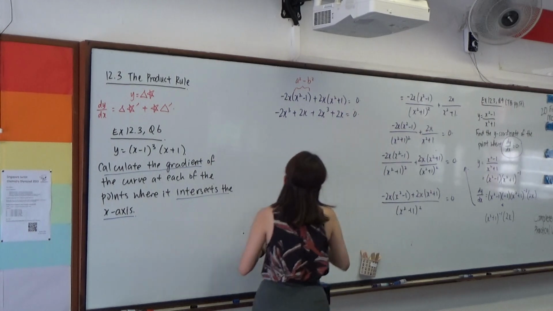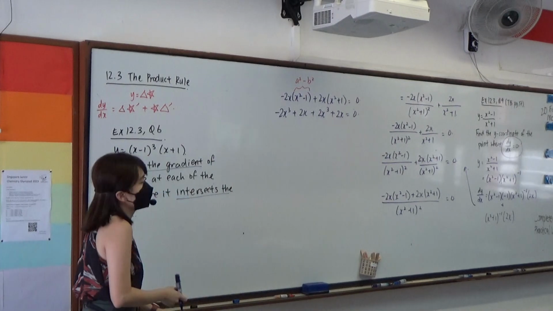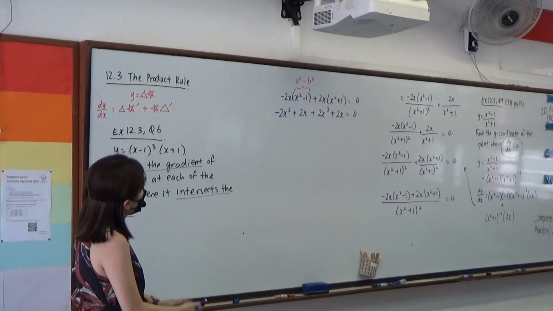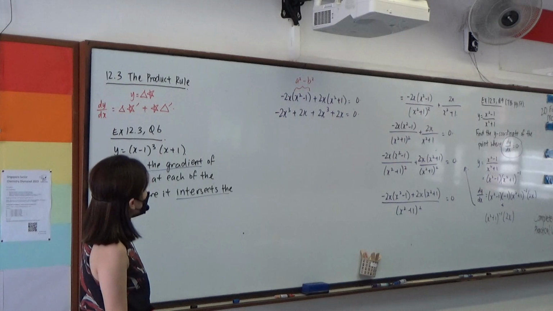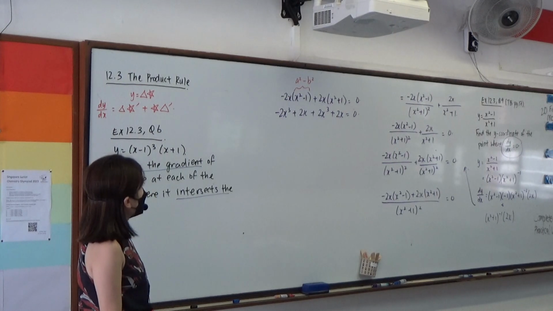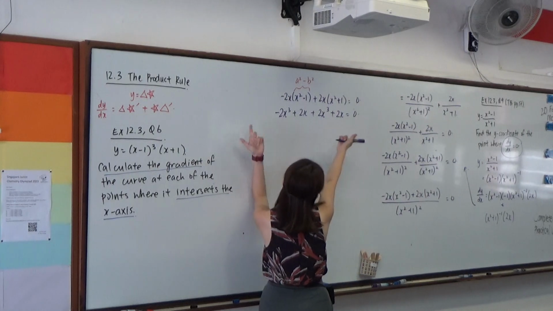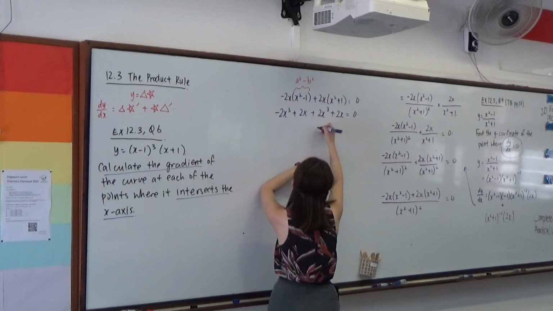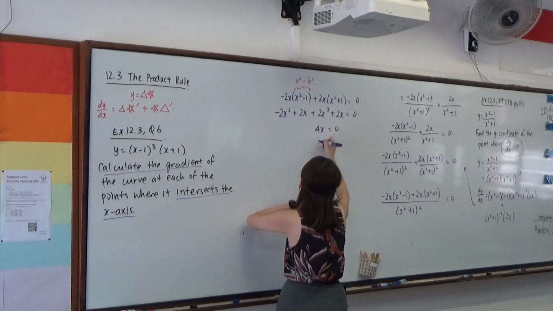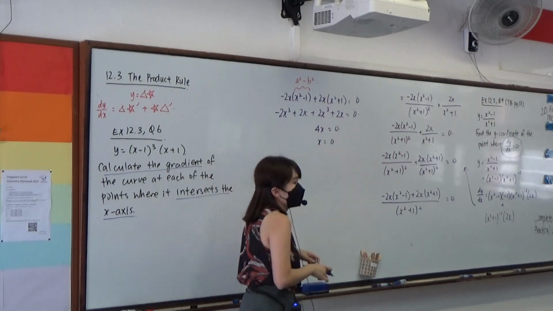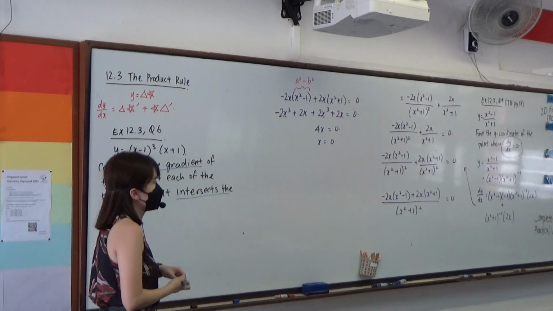Okay, and we get this. Then we see that negative 2x cubed and 2x cubed cancel each other out. 2x plus 2x, I will get 4x equals 0. x will be equal to 0.